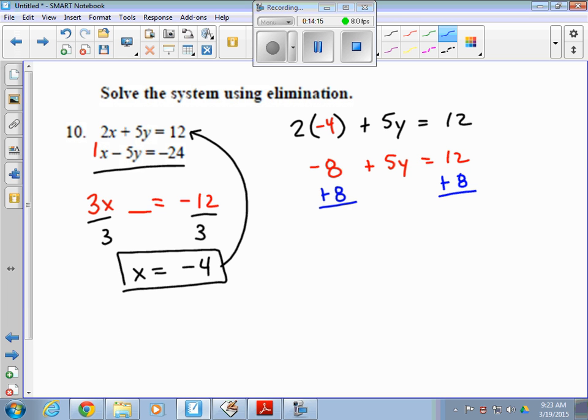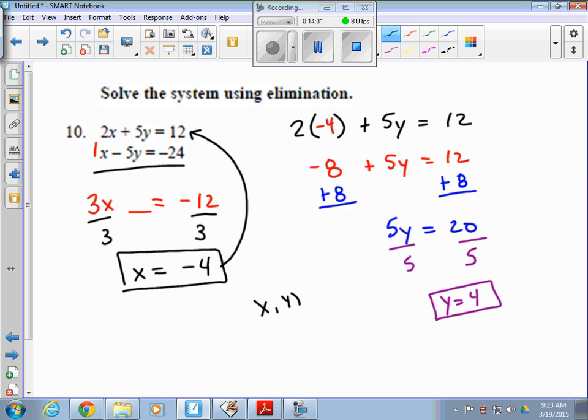You work your order of operations backwards before multiplication and division. 5y is equal to 20. And get y by itself by dividing by 5 on both sides. y equals 4. Again, written as an ordered pair, x comma y is a solution. x is negative 4, y is 4. There is your solution to your system of equations.